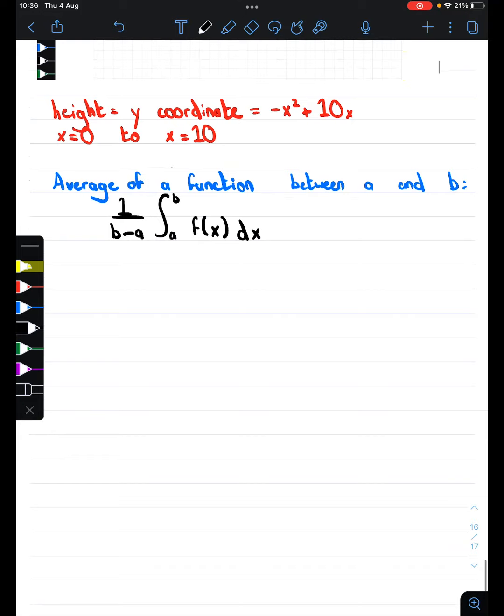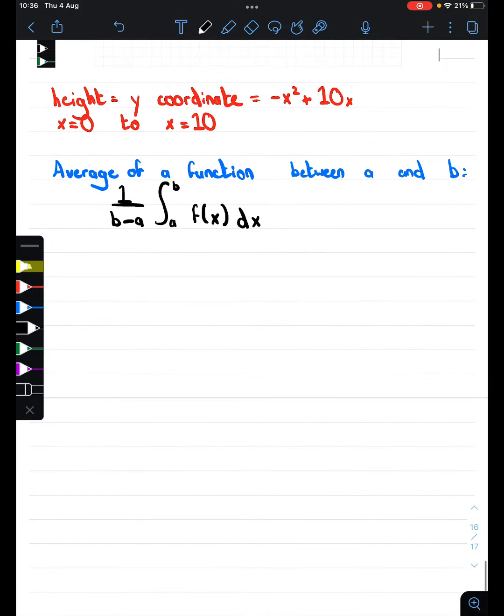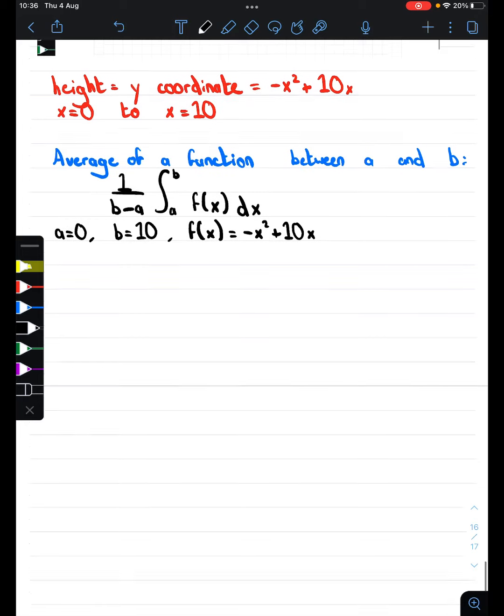Okay, so if we sub that in for our case, we're starting off at x equals 0, so a equals 0, and we finish at x equals 10, so b equals 10. And our f of x is just our height function, which is minus x squared plus 10x.